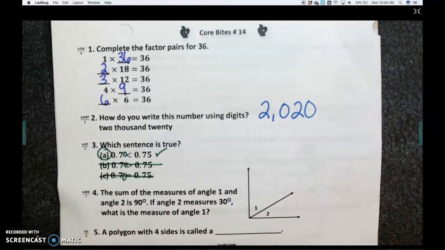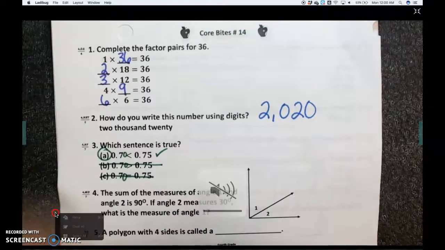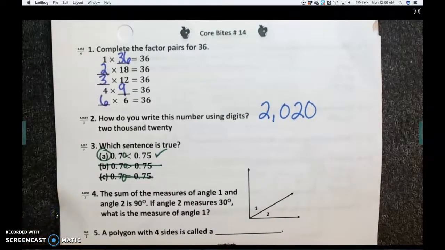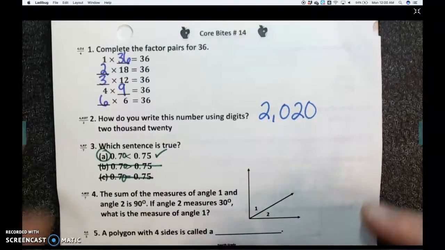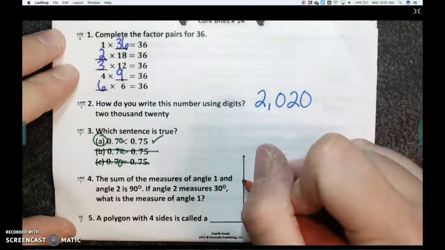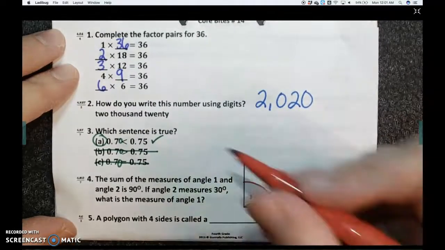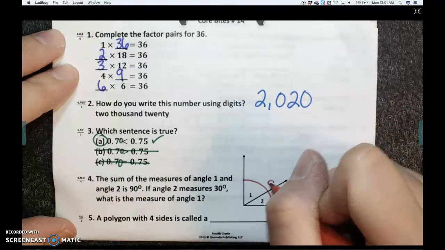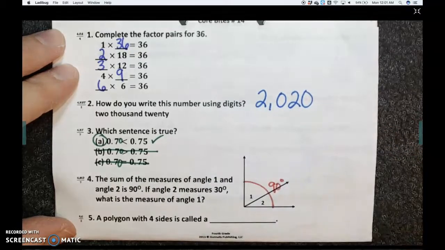For number 4, it says the sum of the measures of angle 1 and angle 2 gives you 90. If angle 2 measures 30, what is the measure for angle 1? Okay, so if these two together, the total measure is 90 degrees together, right?